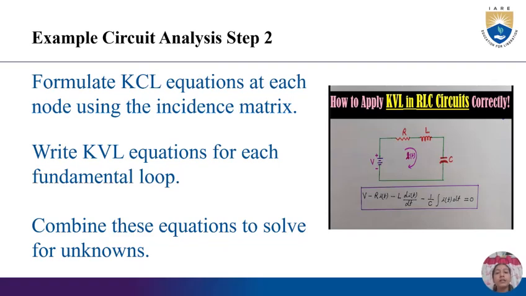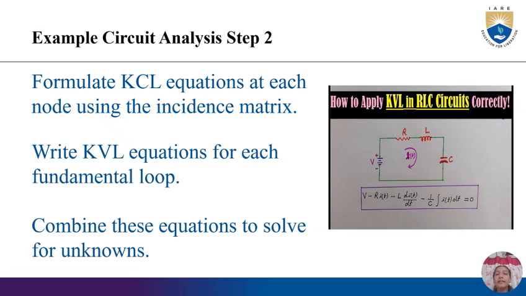Example circuit analysis step 2. Here is step 2. Formulate KCL equations at each node using the incidence matrix. Now, at each node, we must apply the KCL law and write the equation. Now, write KVL equations for each fundamental loop.